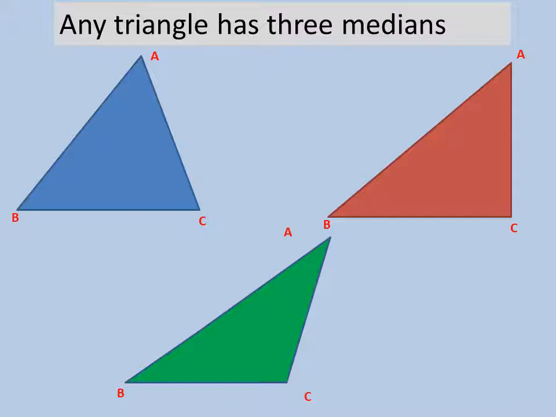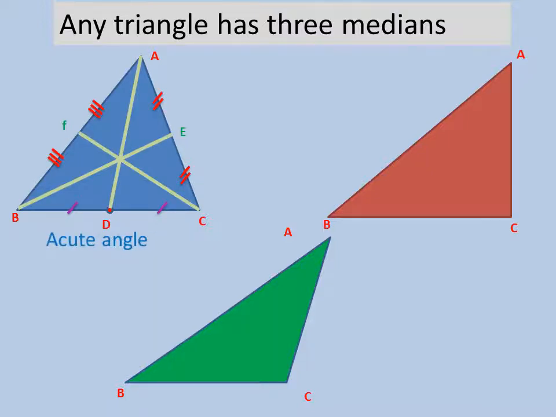Any triangle has three medians. In the acute triangle, there are three medians. In the right angle triangle, also there are three medians. And in the obtuse angle triangle, also there are three medians.